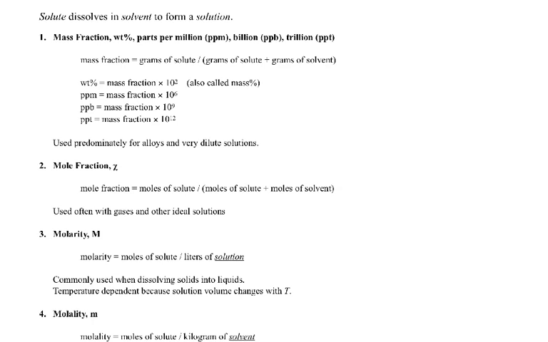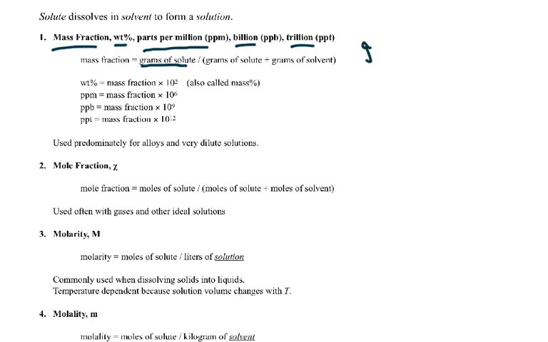The first concentration unit we'll talk about is mass fraction or weight percent. And then related to that is parts per million, parts per billion, and parts per trillion. And the mass fraction is simply the grams of solute divided by the grams of solution.